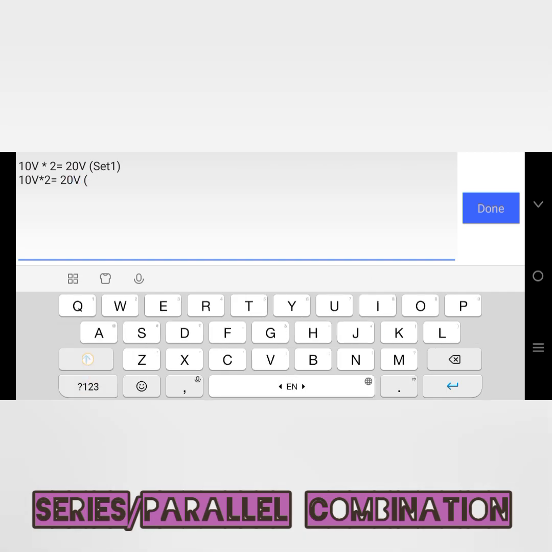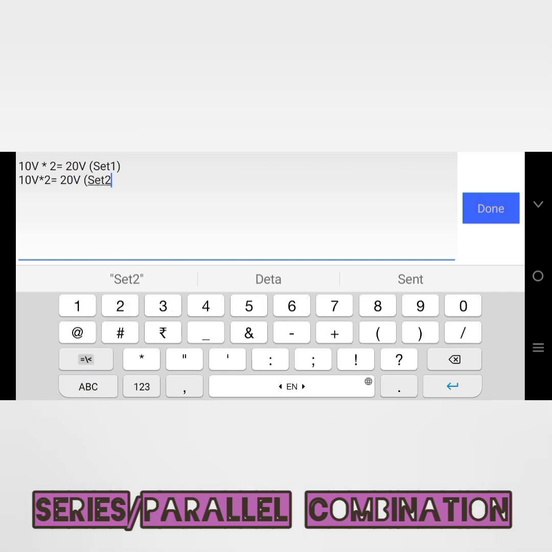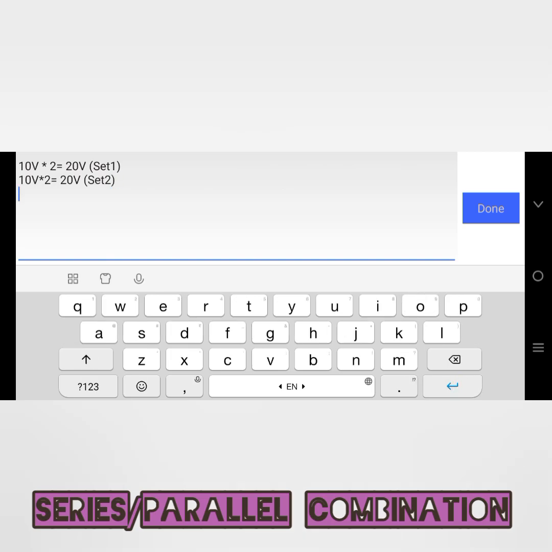The connections will be made in such a way that all the series sets come to the outlet of a parallel formation, and then it will be connected with your load.